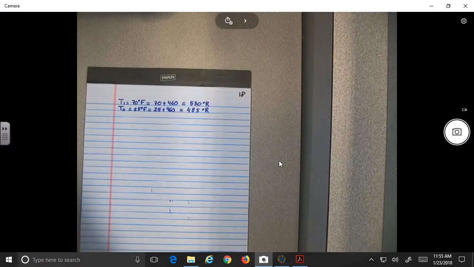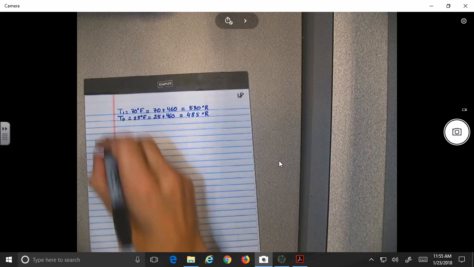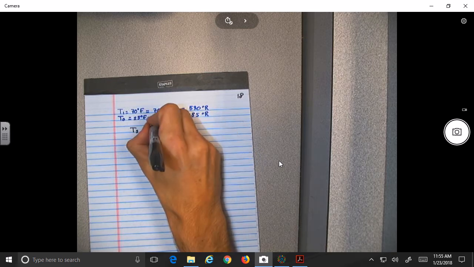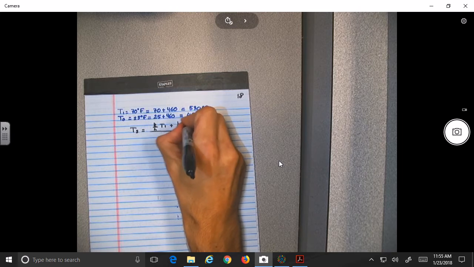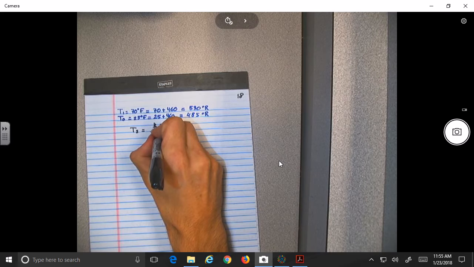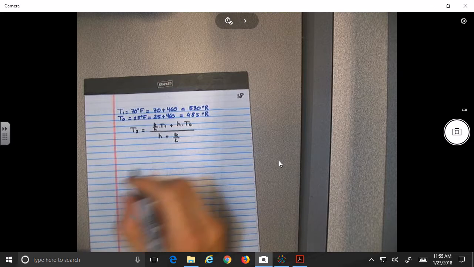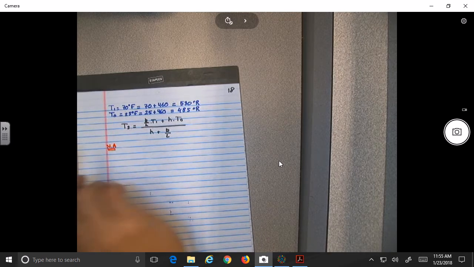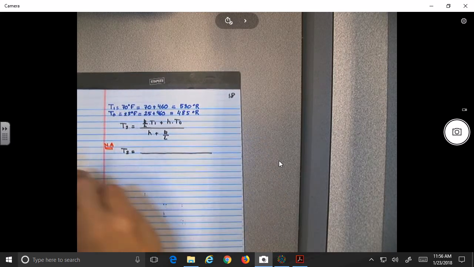So let me just rewrite the expression over here. We have T2 equals K over L T1 plus H T naught, divided by H plus K over L. Okay, so if we do the numerical application, what are we going to get? T2 is equal to what?